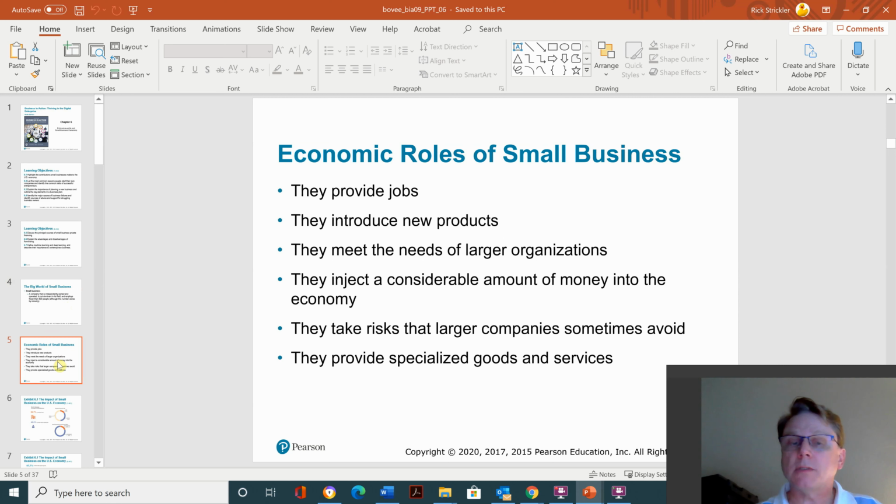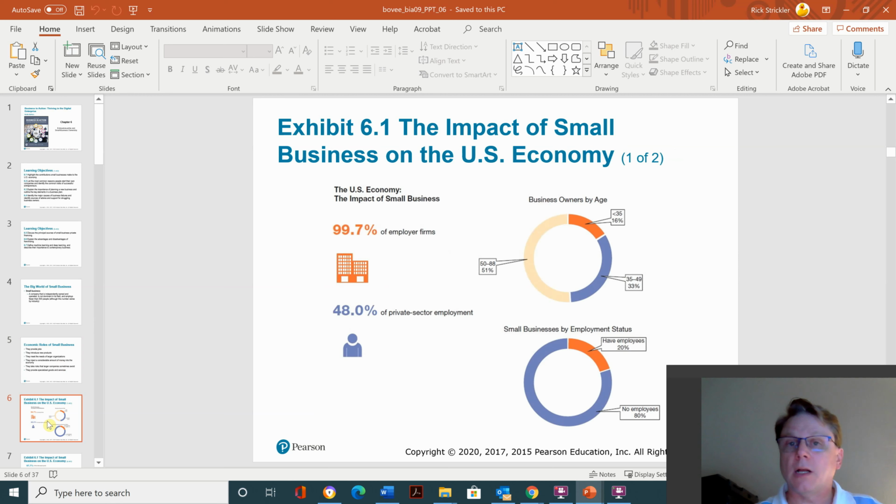Economic role of a small business: they provide jobs, they introduce new products, meet needs of large organizations, inject a considerable amount of money into the economy, take risks that larger companies sometimes avoid, and provide specialized goods and services. The impact of small business on the economy. Let's see, owners by age.